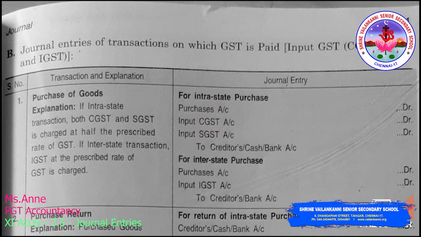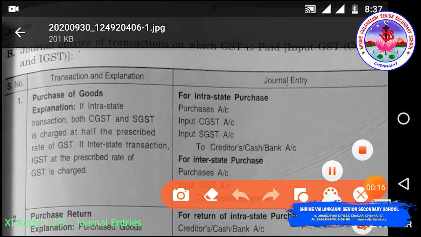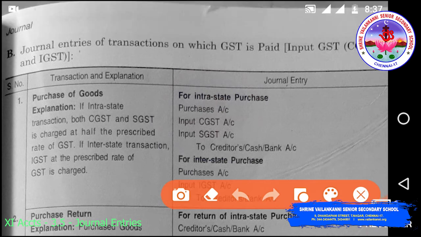This session we are going to discuss journal entries of transactions on which GST is paid. So, when do you have this GST paid? When you are purchasing or selling goods and services in invoice.